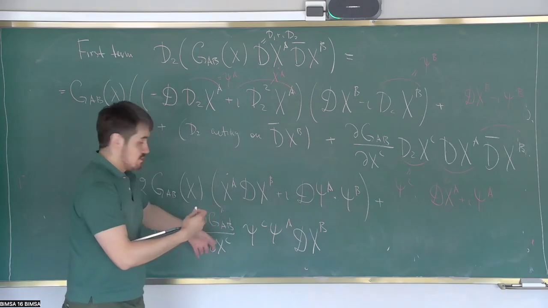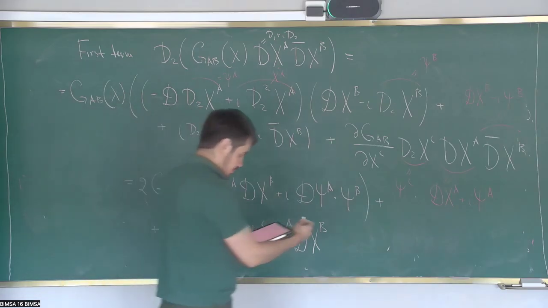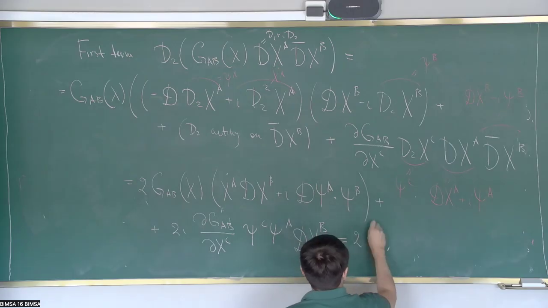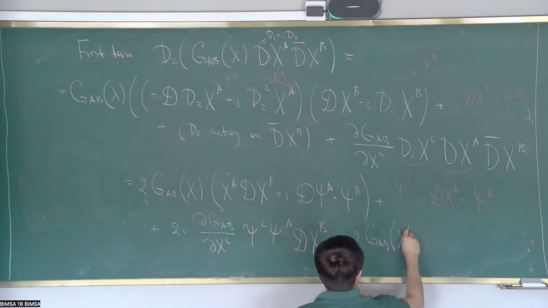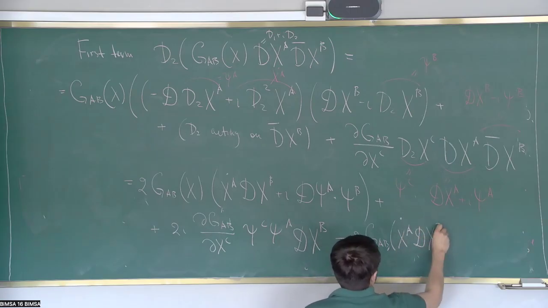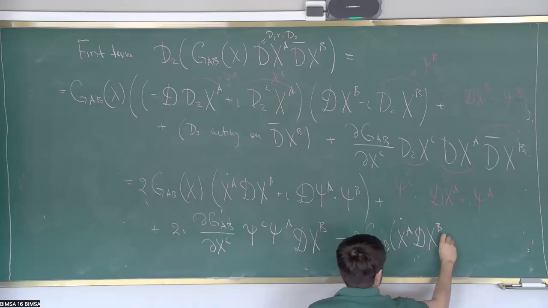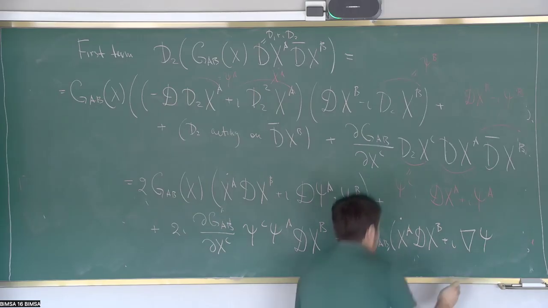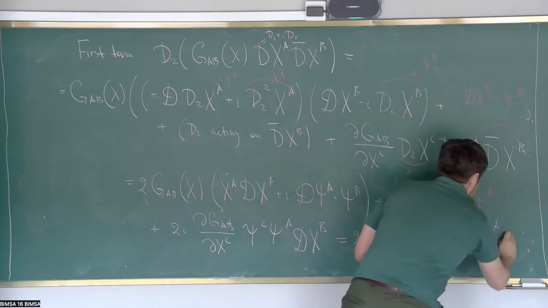So this is a connection in the tangent bundle, the Christoffel connection. So it becomes g_AB x^A dot x^B plus my nabla psi^A, psi^B.